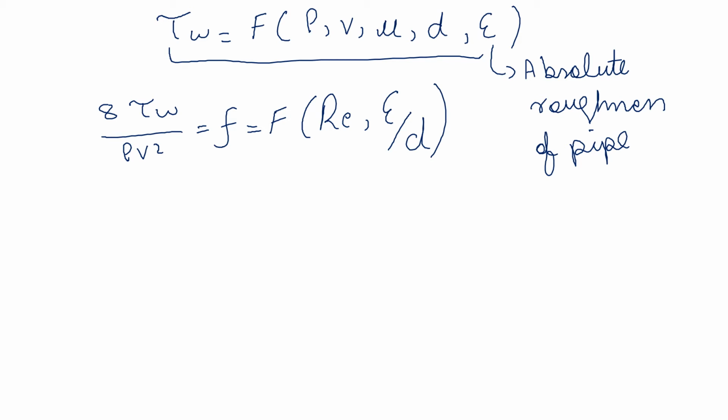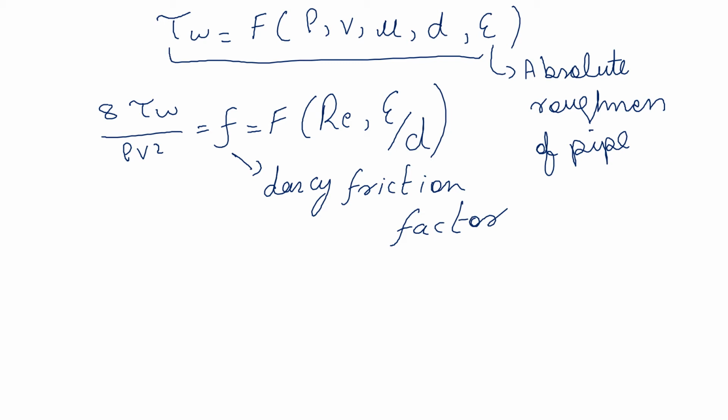This is also called the Darcy friction factor. These are the terms that came out from the dimensional analysis, and this absolute roughness is of the internal surfaces of the pipe.